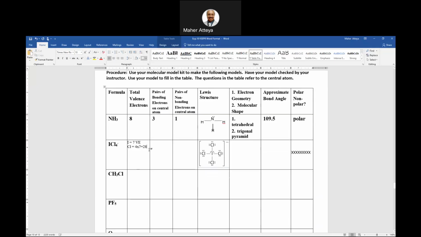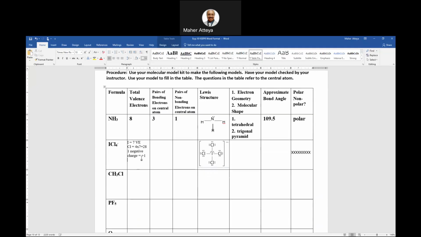However, you have the negative charge, 1 negative charge. Whenever you have a negative charge, you have to add this charge. If you have positive, then you have to subtract it. If you have a negative, then you have to add 1 charge.